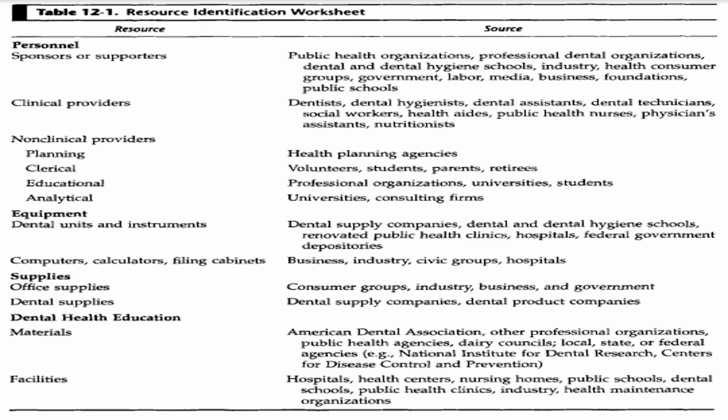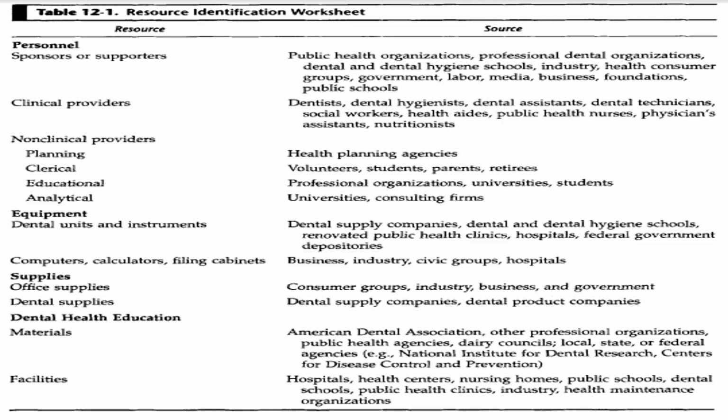Likewise, the non-clinical providers, where the planning or clerical job or the educational or analytical job can be planned, the sources of identifying them are health planning agencies, volunteers, students, professional organizations, consulting firms or retirees.